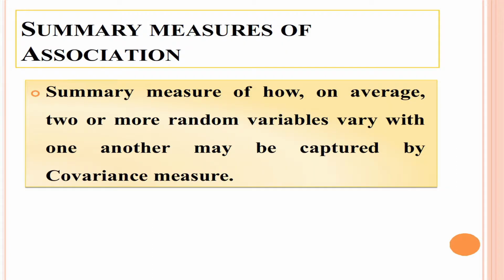Now, we will see some of the summary measures of association using this joint probability density function. While the joint probability density function of two random variables completely describes the relationship between the variables, it is useful to have a summary measure of how, on average, two or more random variables vary with one another.